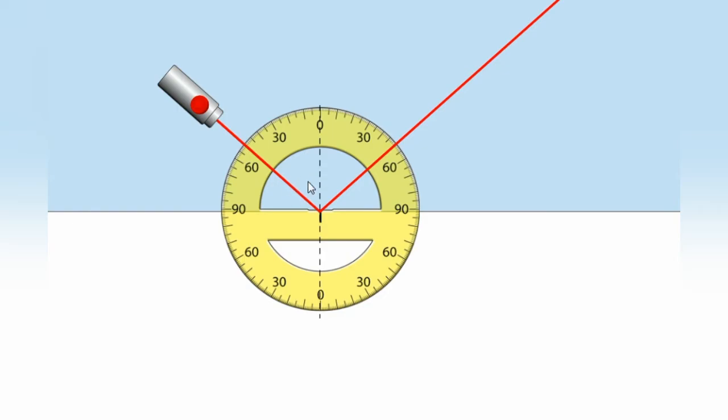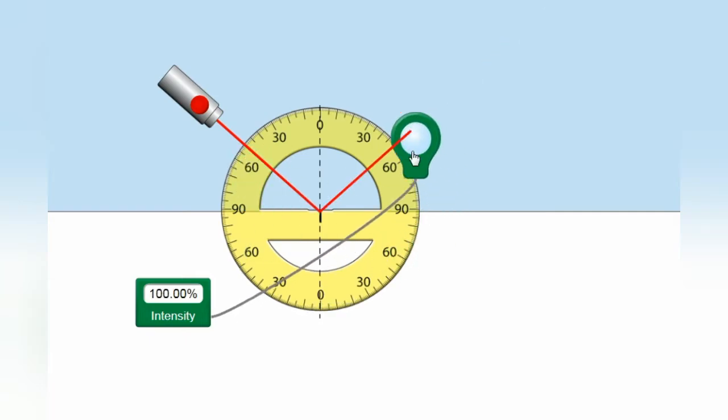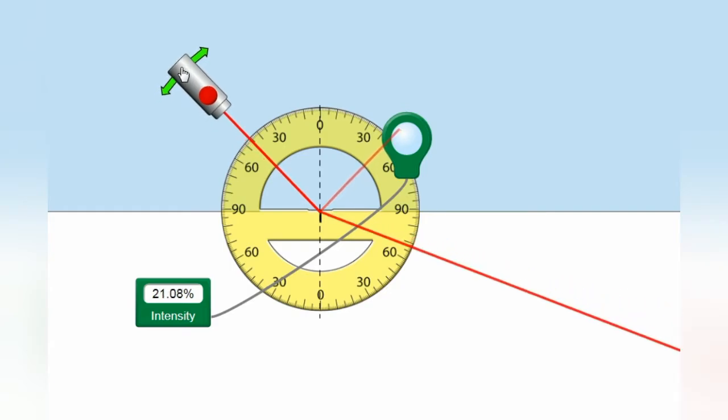See, this is the critical angle. The critical angle observed here is 50 degrees. Now let us see the intensity. This is 100% intensity. In the reflected light, here also we are getting 100% intensity. Now let us slightly vary the angle.